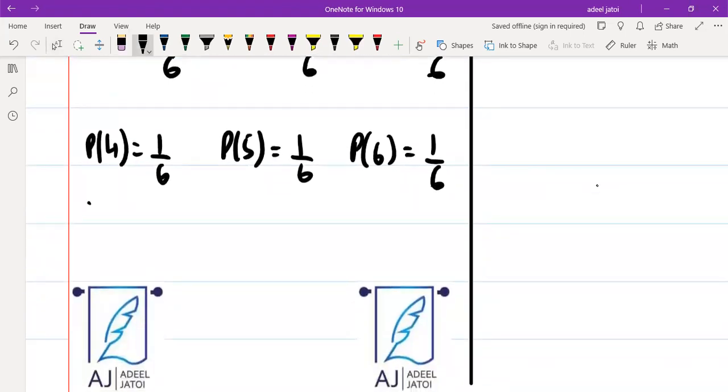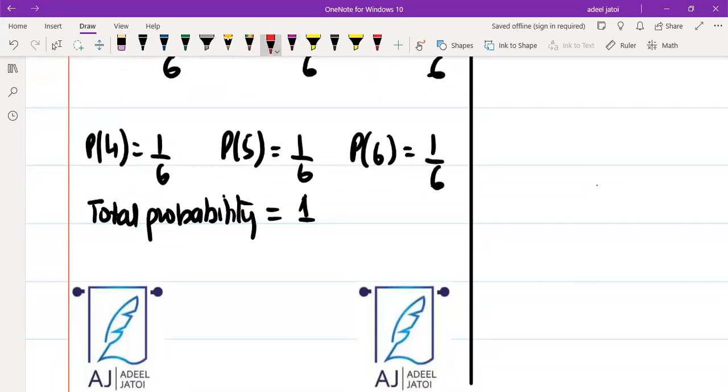Now, you need to understand one thing: the total of the probability will always be equal to 1. This means that when we worked on the coin, it has head and tail, and there is no other side or event in the coin.